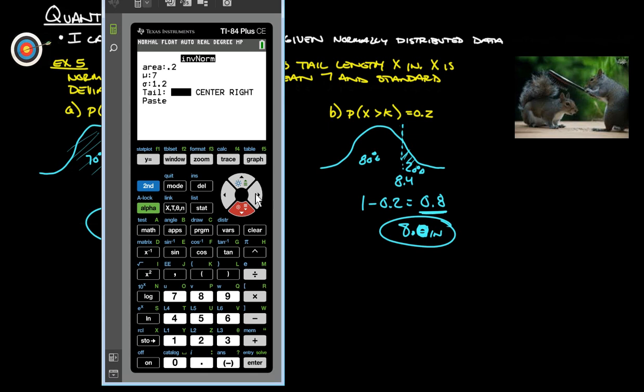And then the tail, we want to find the far right. So that means it's going to find the top 20%. At least that's what I'm hoping it's going to do. Please be 8. There it is. Good. So if your screen happens to look like that, you can do the right side, because when x is greater than k, we're looking for the top 20% instead of the bottom 20%.